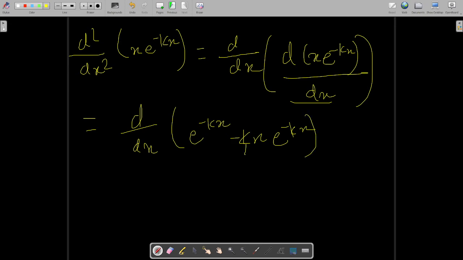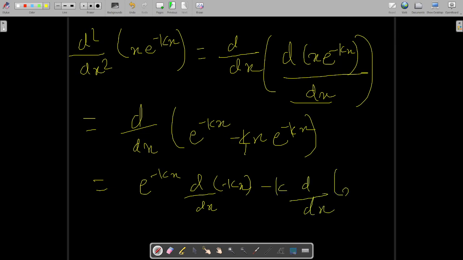Then again we will differentiate. So once again if we differentiate, then e to the power minus kx d by dx of minus kx, minus k will be outside, and d by dx of x e to the power minus kx. It will be like this.